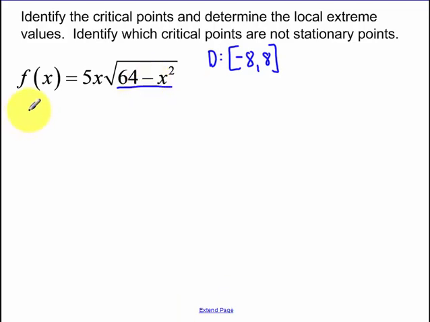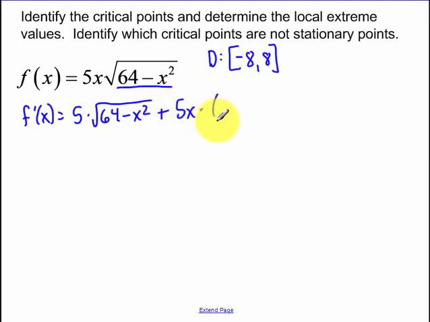Okay, so I find my derivative. And we have a product rule happening here. Okay, so now we have that function.